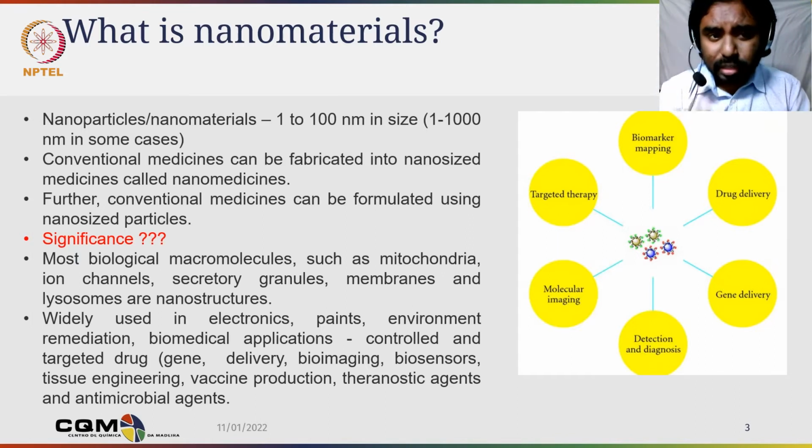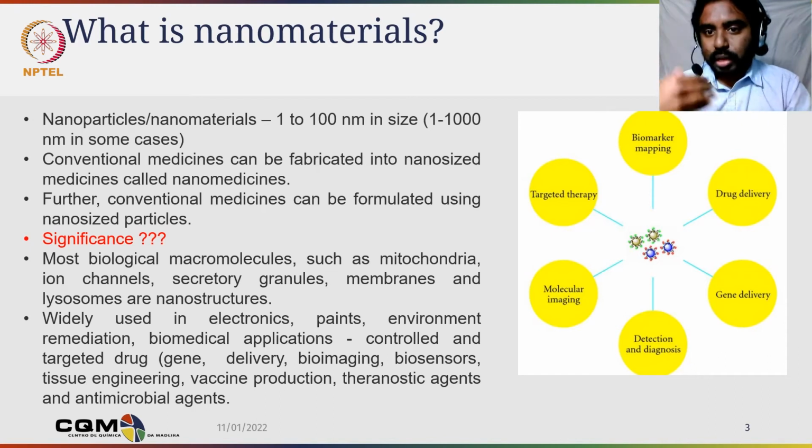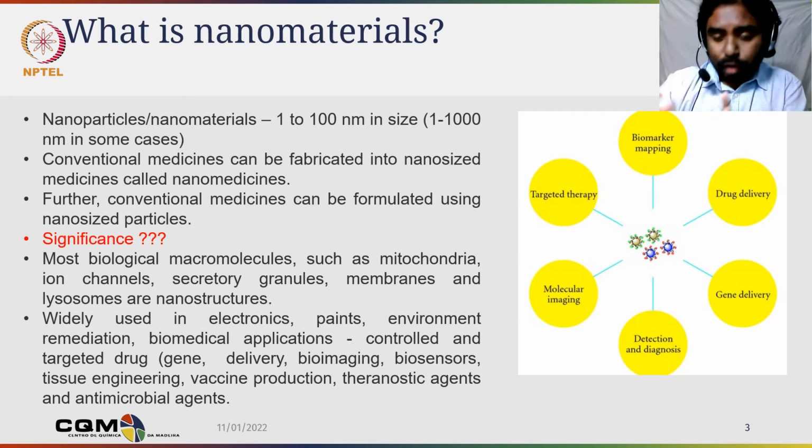So what is the significance of this nanomedicine? Because its size is 1 to 100 nanometers, it is smaller, and because of that it is helpful in biomarker mapping, drug delivery, gene delivery, detection and diagnosis of several diseases, molecular imaging, and targeted therapy, as I showed in this figure. Why are they helpful in these biological applications?